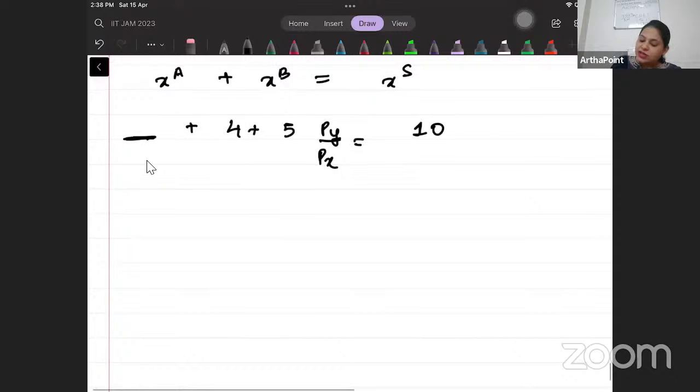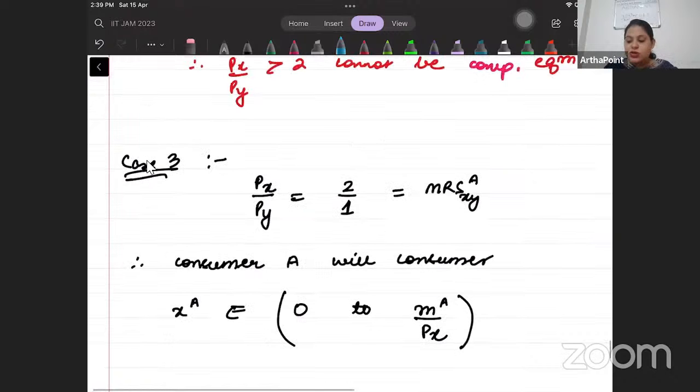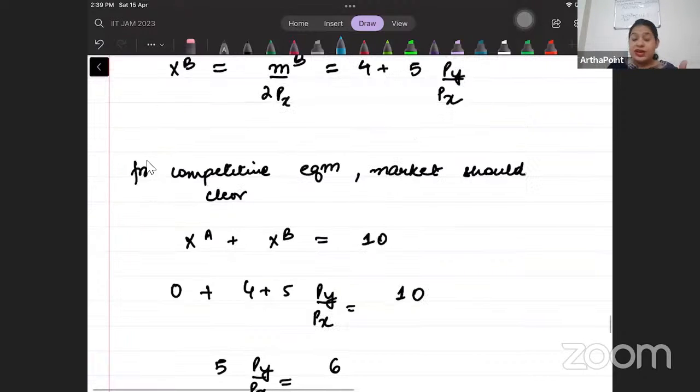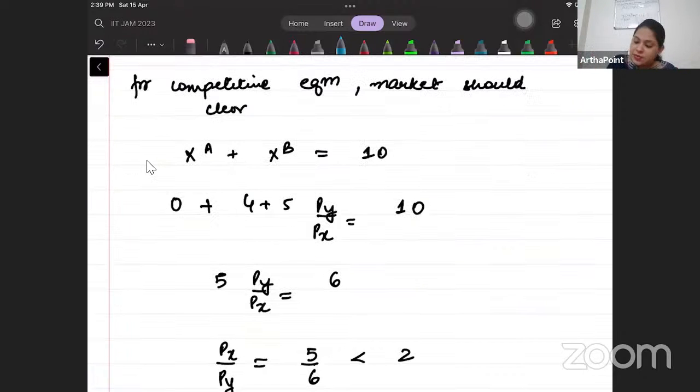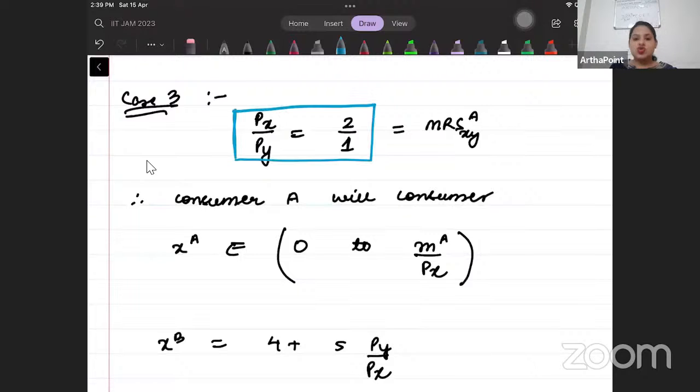So I will get dash plus 5 py by px is equal to 6. So we have assumed that px by py is 2. That is what I have taken as the case. Above I couldn't do this because I just said less than 2 or greater than 2. I didn't have a number in hand. But in case 3, I have assumed that px by py is 2.